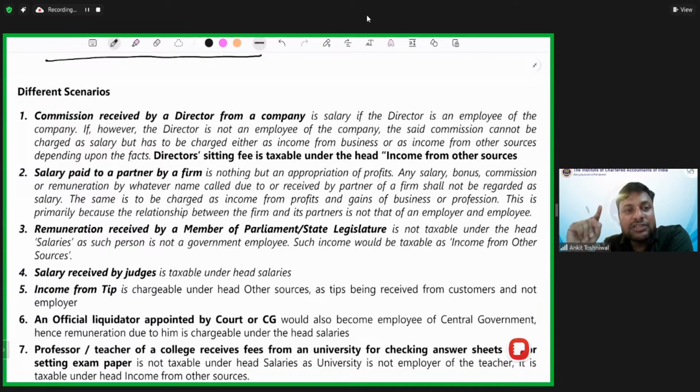So the relationship of partnership is established on the concept of agency, that is, principal-agent relationship. If there is a principal-agent relationship, then the question does not arise that such salary is taxable under the head salary, because there is no employer-employee relationship. No, it's not about them getting it out of the profit. It's about the relationship between the partner and the other partner: every partner acts as an agent of another partner and also as a principal of another partner.